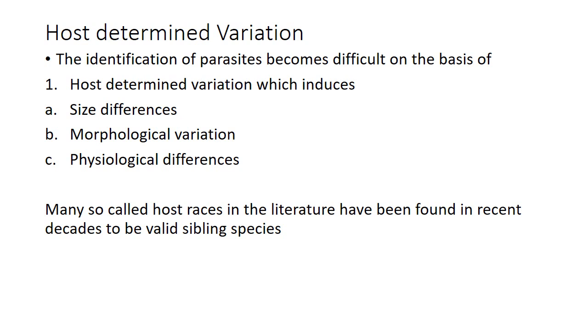The phenomenon most commonly results in size differences and may also involve other morphologically and physiologically different characters. Host-induced variation is not as common as was formerly believed. Many so-called host races in the literature have been found to be valid sibling species.